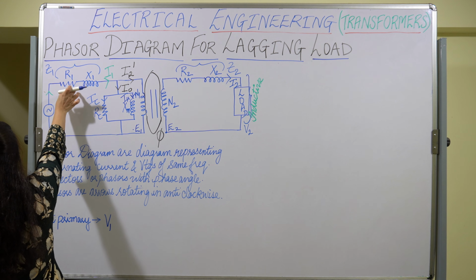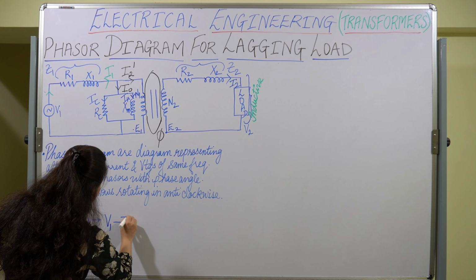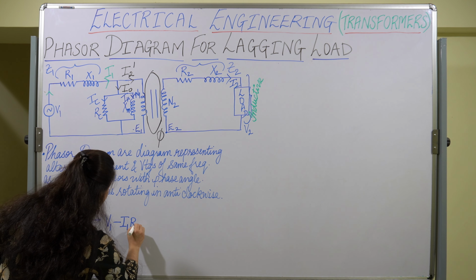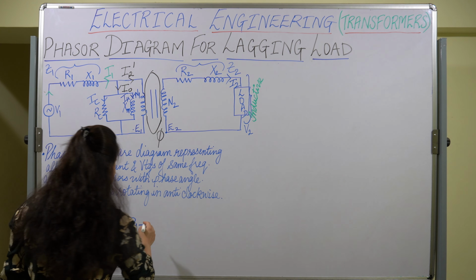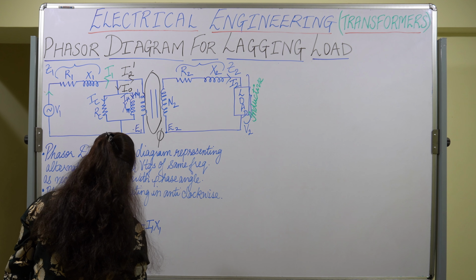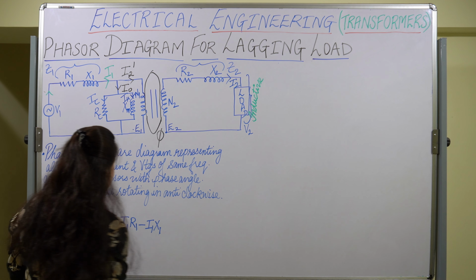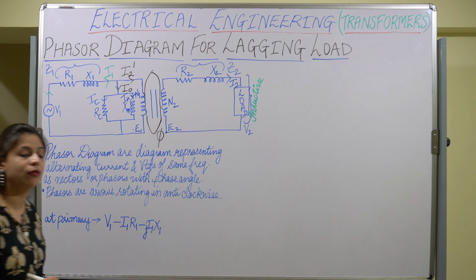The voltage across the resistance is given by minus I1 R1, and the drop across the reactance is given by I1 X1. Since it is a vector quantity, you can also write j here.